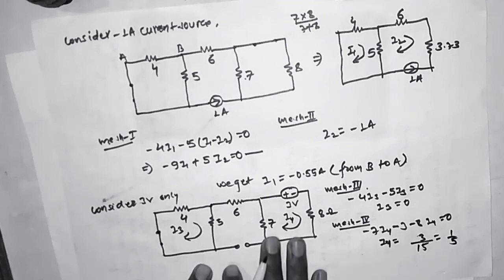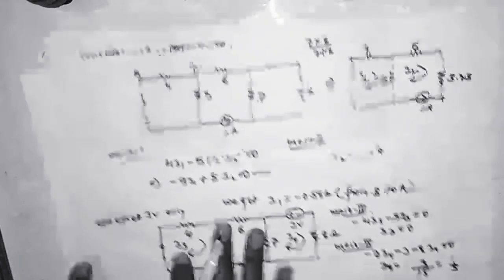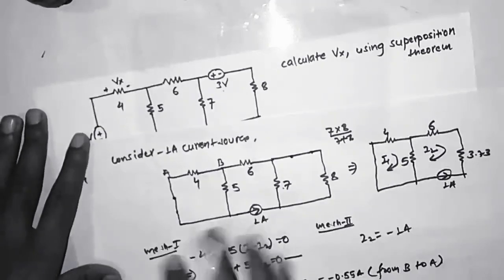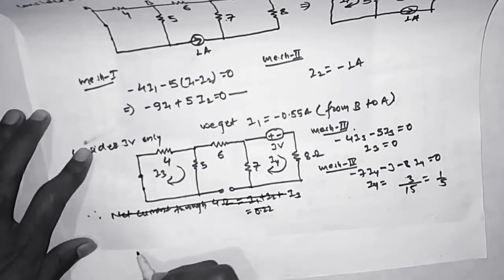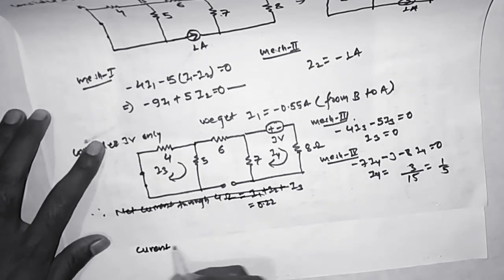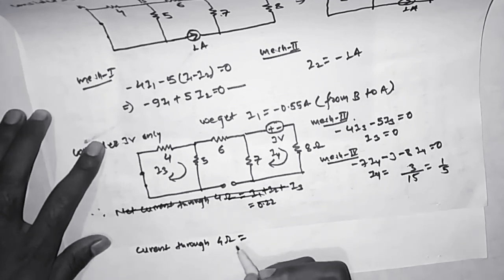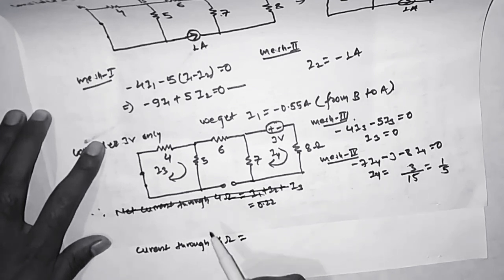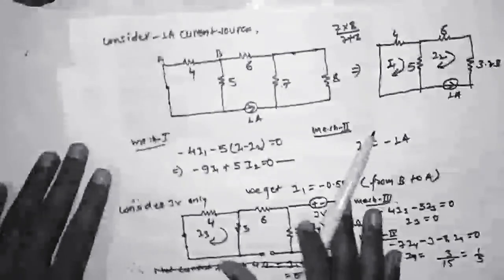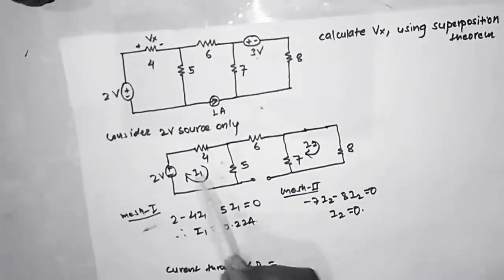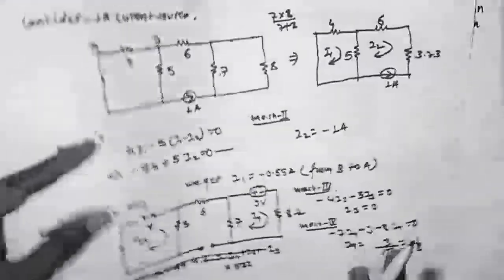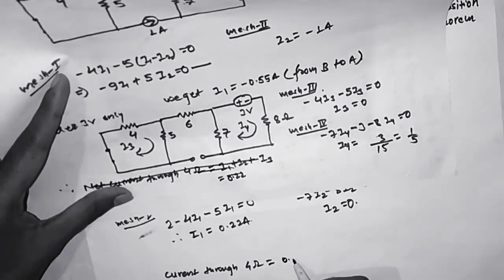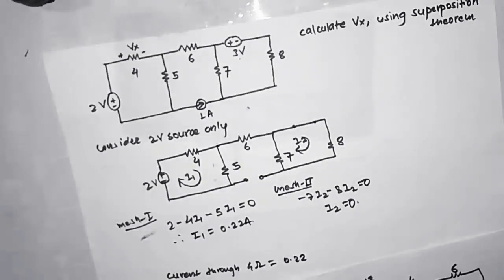We have to calculate the voltage across this 4 ohm resistor, that is Vx. The current through the 4 ohm resistor: previously we calculated I1 equals 0.22.